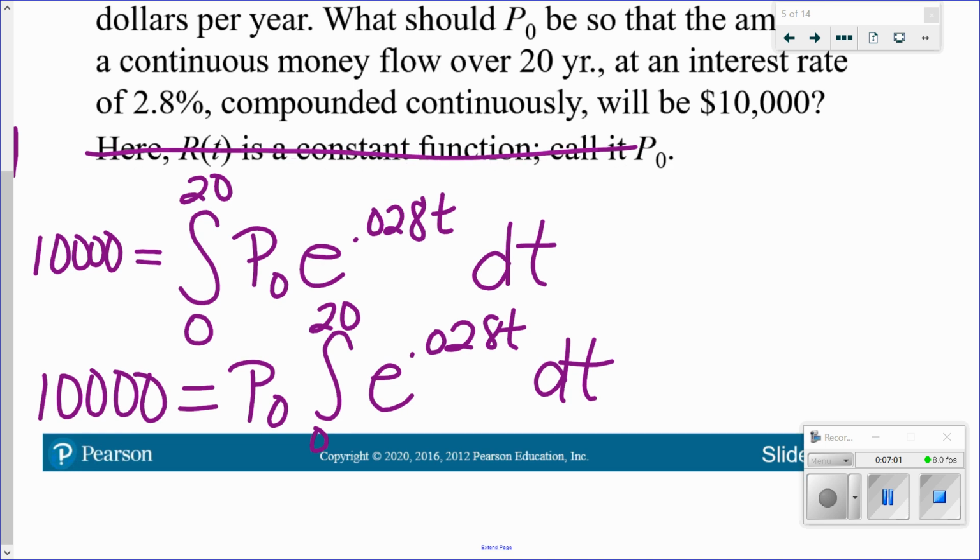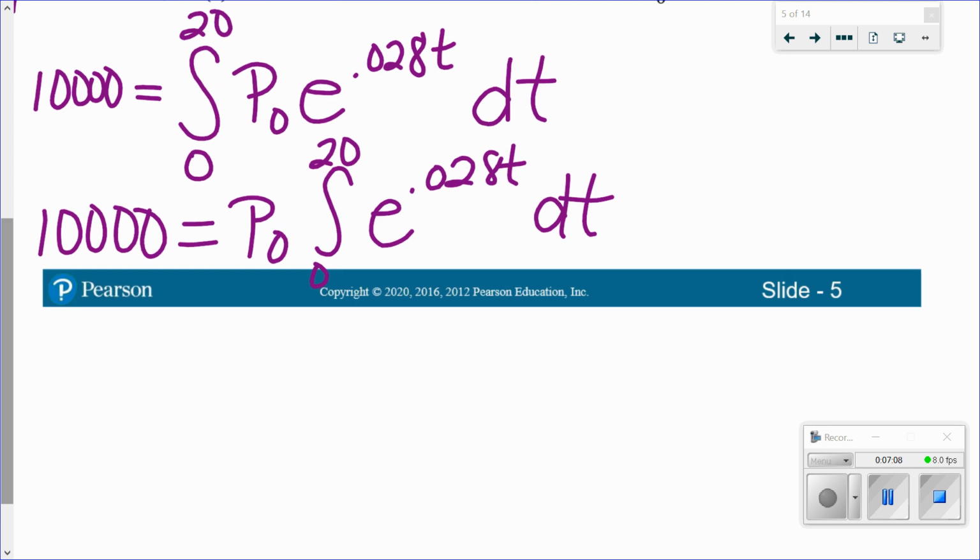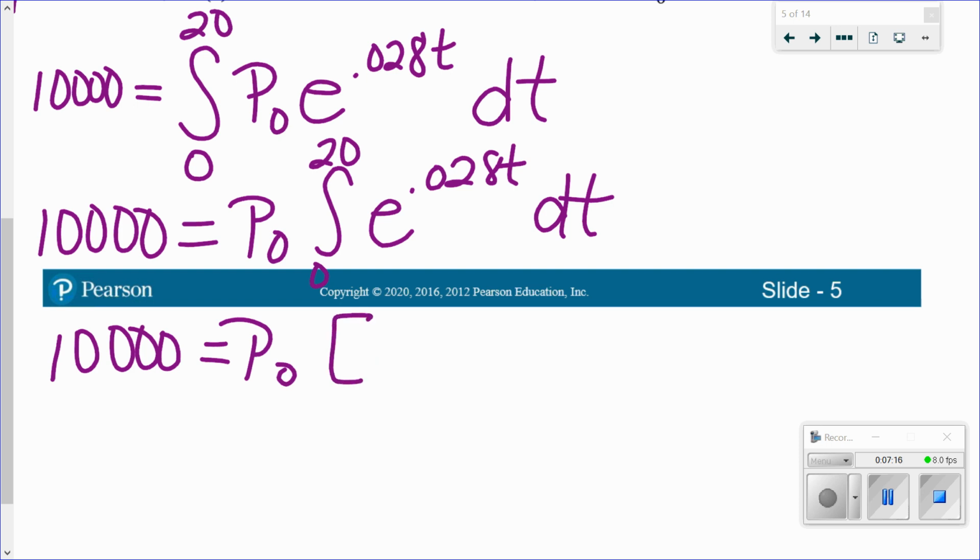So we just pulled that P sub 0 out front. There was a rule that said we're allowed to do that. And now let's evaluate. So we have 10,000 equals P sub 0. To take the antiderivative, write it exactly as it appears, e^(0.028t), and divide by the derivative of that exponent.